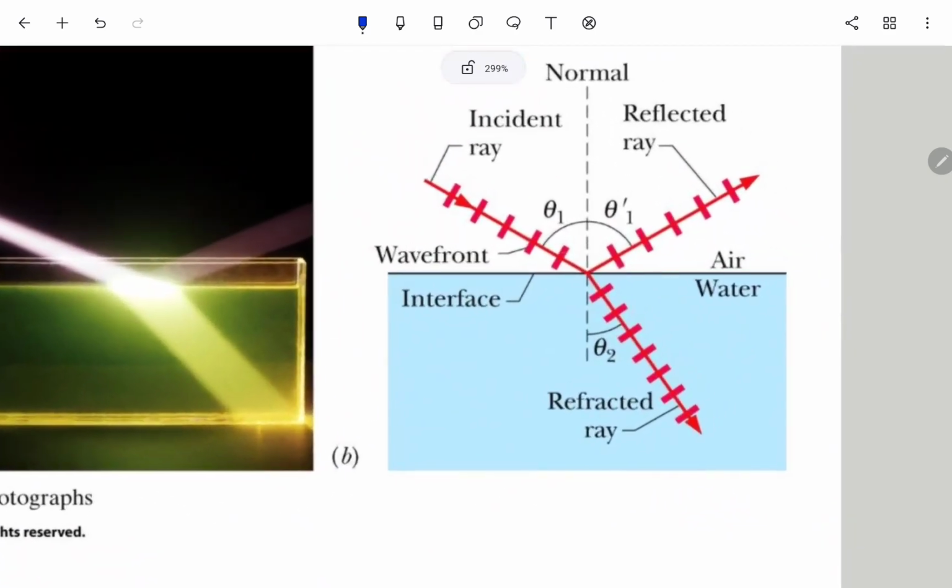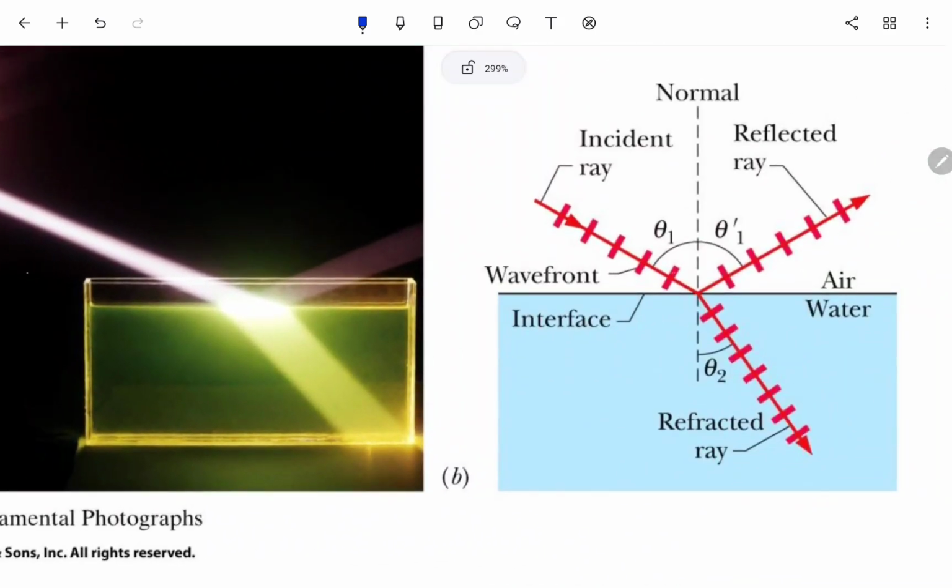Okay, so actually you can check it on the figure. So theta 1 is still the angle of incident, and then this theta 2 will be the angle of refraction, also counting from the normal line. Okay, so this is the boundary between two materials. Let's say this is air, this is water.